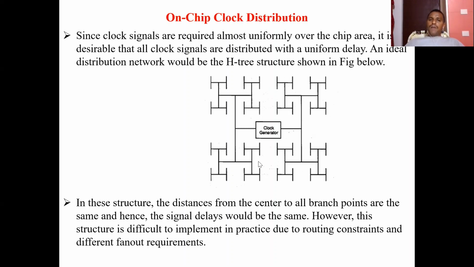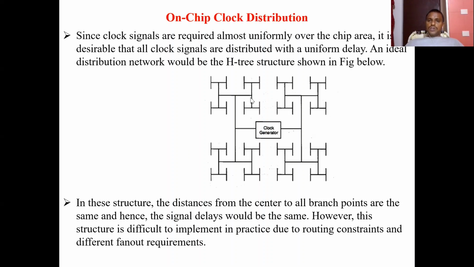That's why while supplying the clock signal on-chip, we have to go with two conditions. One is uniform delay and the other is that all the clock signals are distributed uniformly. Then only will we avoid the errors caused by clock skew.